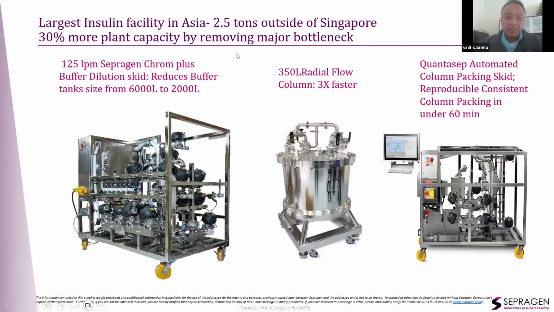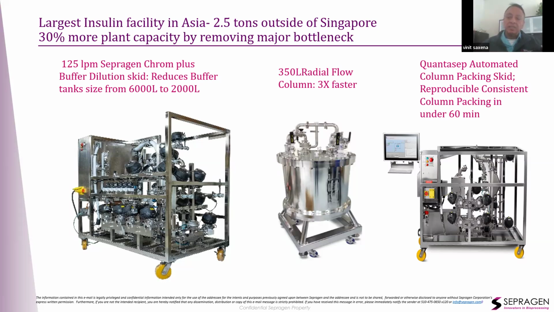So here it is. These large skids, and these skids have buffer dilution capability, so 125 liters a minute skids reduce the buffer requirements from 60,000 to 20,000 liters. Radial flow columns that actually are running 3 times faster and remove a major bottleneck in the whole process.